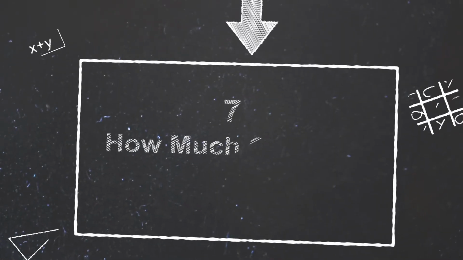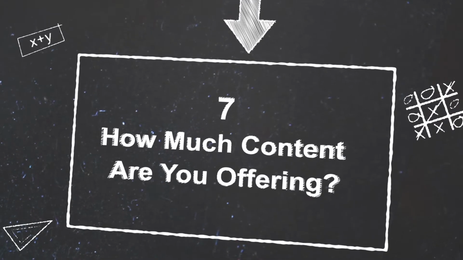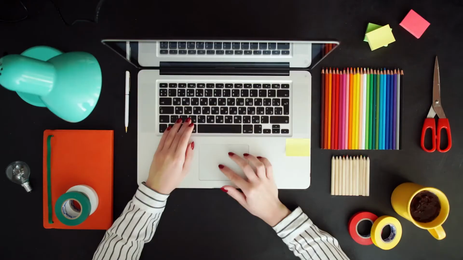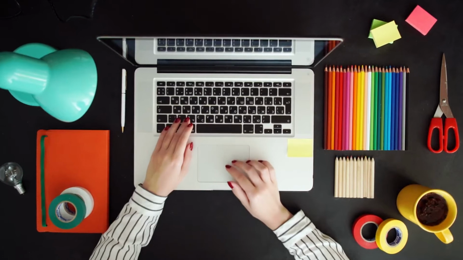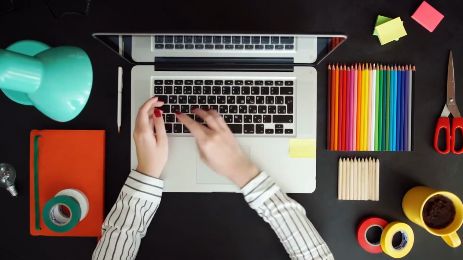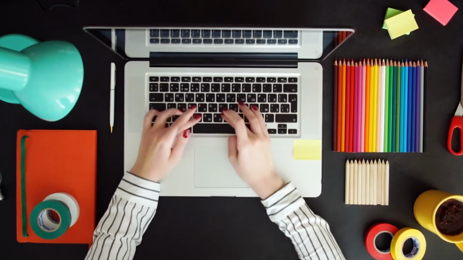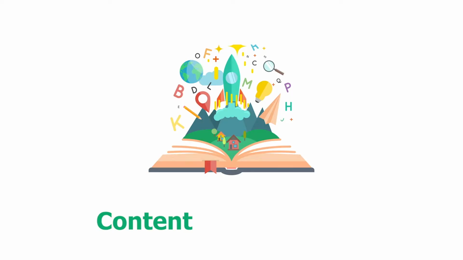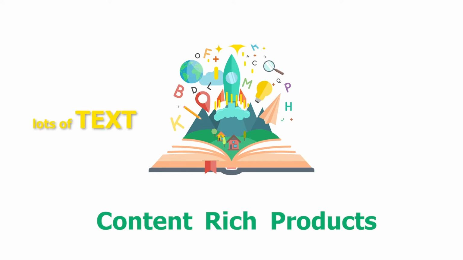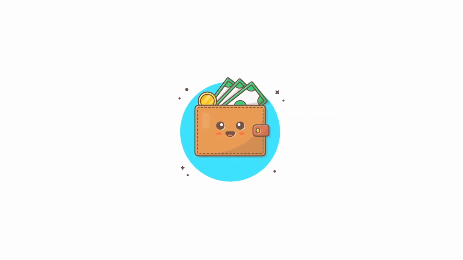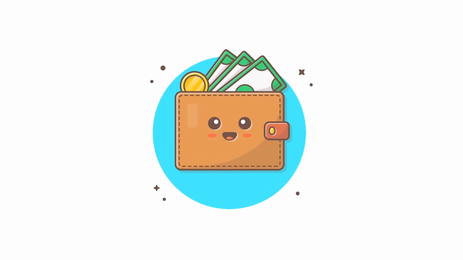Number 7, how much content are you offering? As a new seller in the TPT market, you should consider pricing your resources based on the content rather than length. Content-rich products, these are lots of text versus large pictures and only a few words on the page, may be worth more than other products.